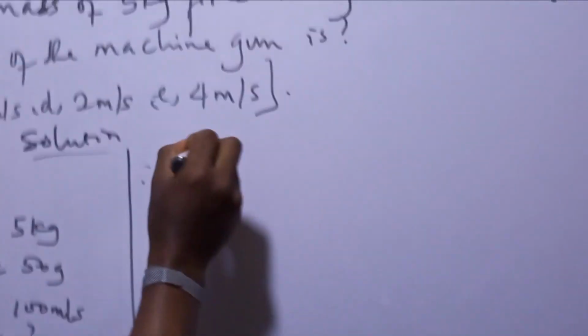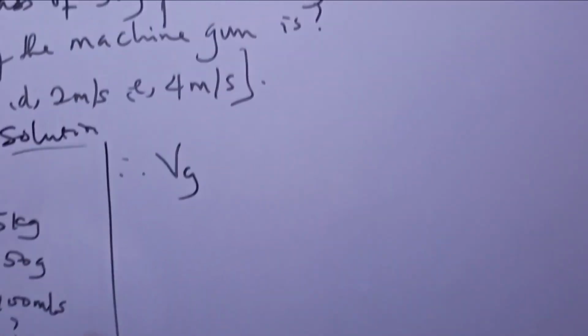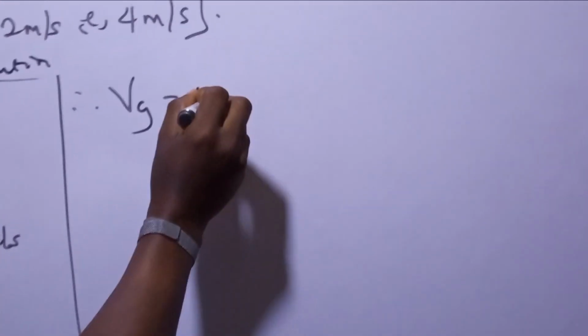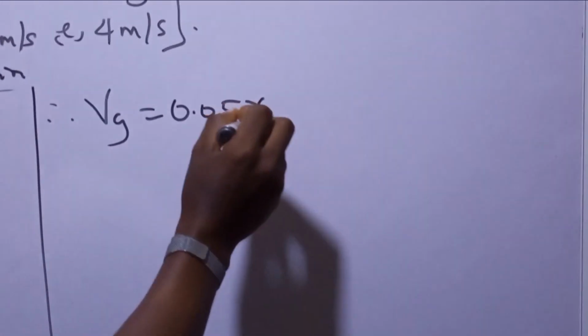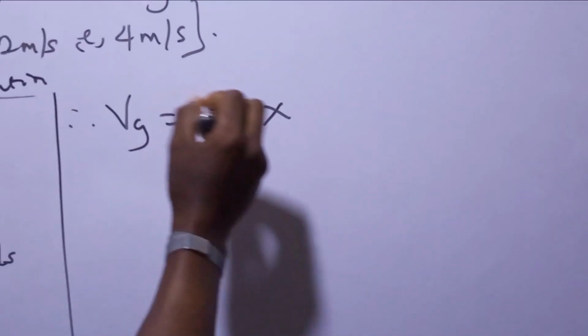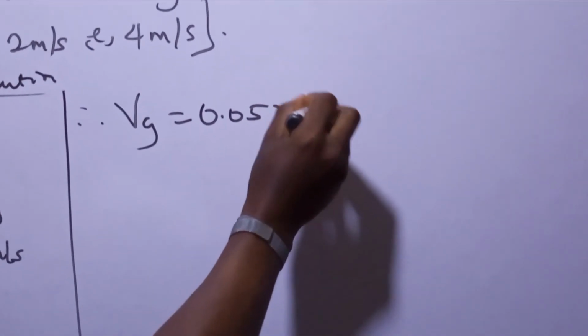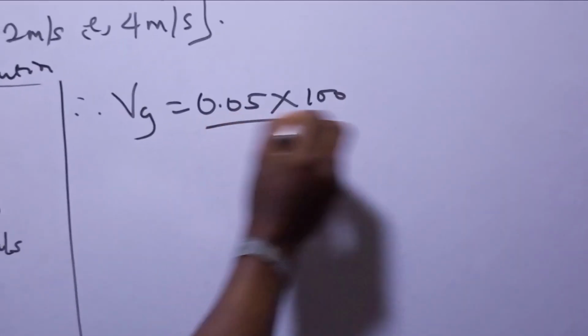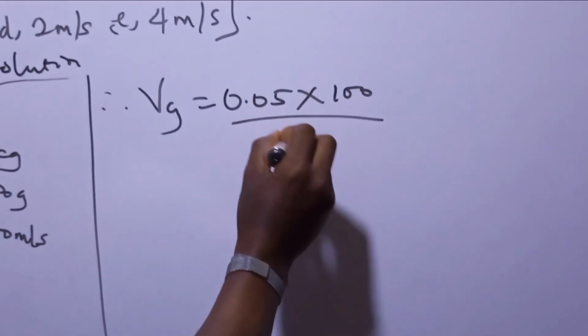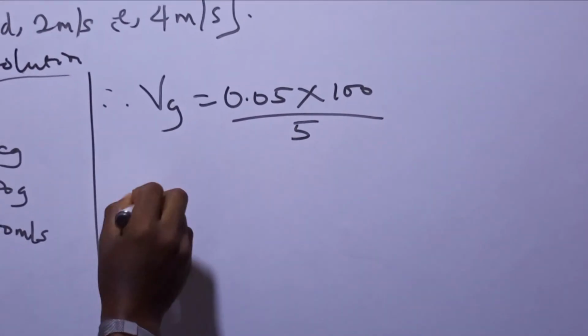Therefore, substituting, velocity of gun will be equal to mass of bullet being 0.05 multiplied by velocity of bullet being 100, divided by mass of gun being 5.